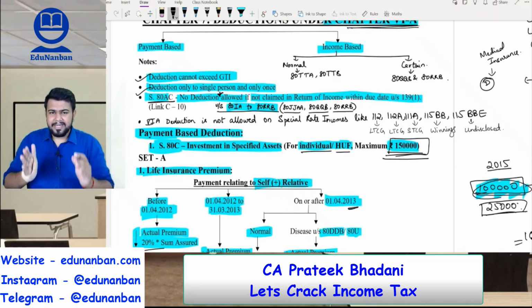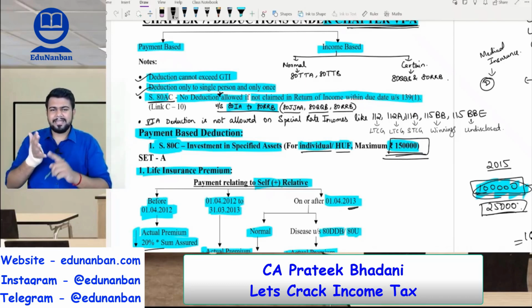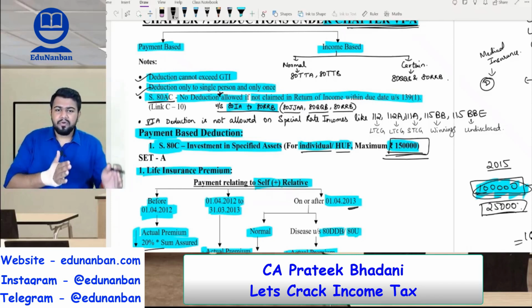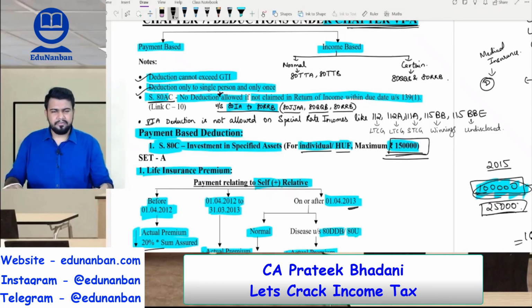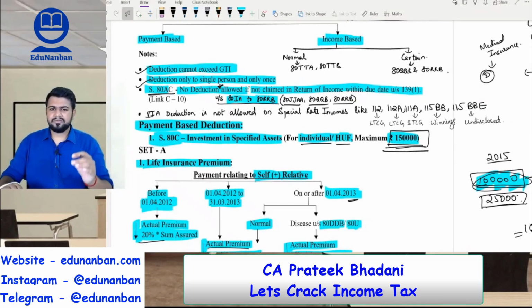So, all deductions covered in the series 80IA to 80RRB will not be allowed if they are not claimed in the return of income filed before the due date. Only if the return of income is filed within the due date will these deductions be allowed, or else they will not be allowed.